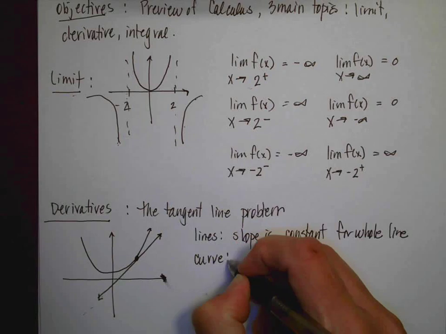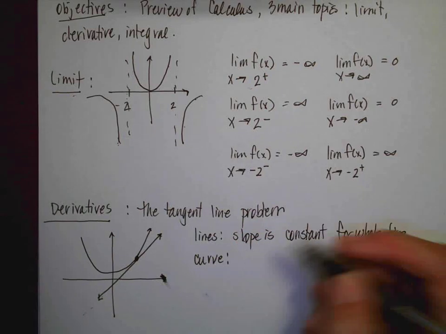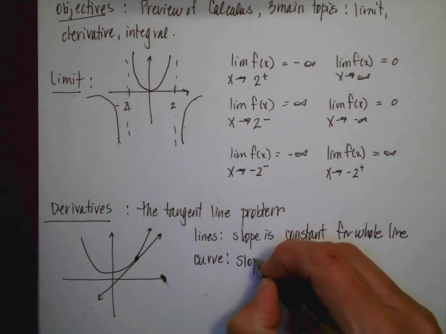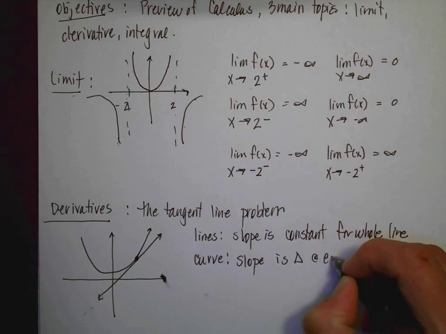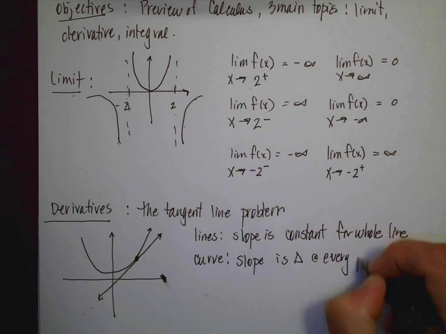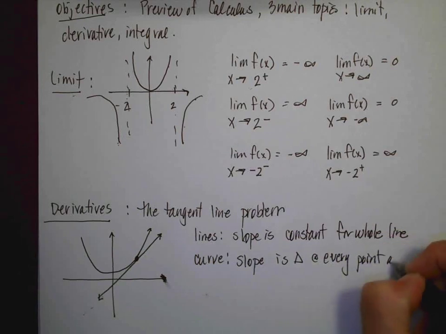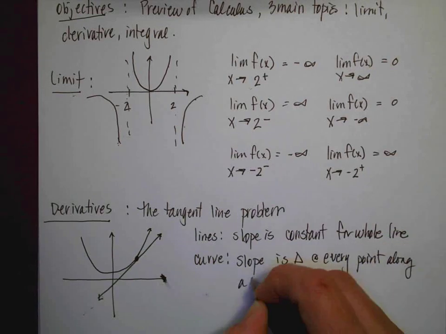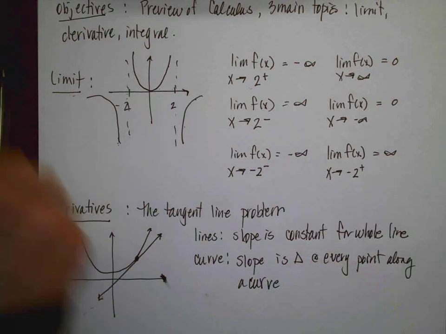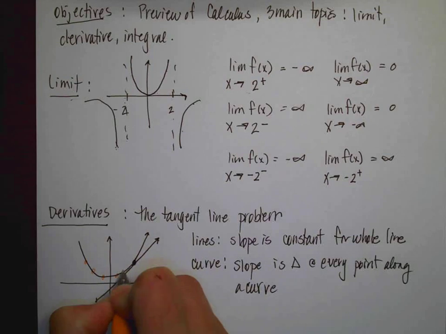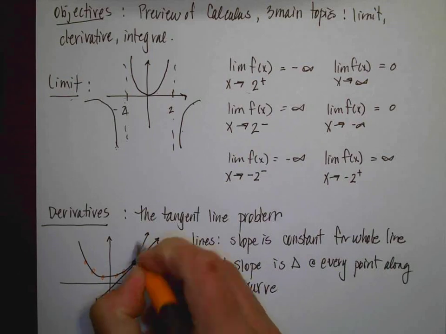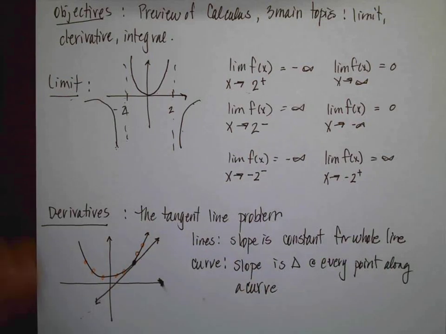Well, if I have a curve, curves are a little bit different. They're a unique beast, and the slope is going to change at every point along a curve. So potentially, the slope is different at every single point along this curve.